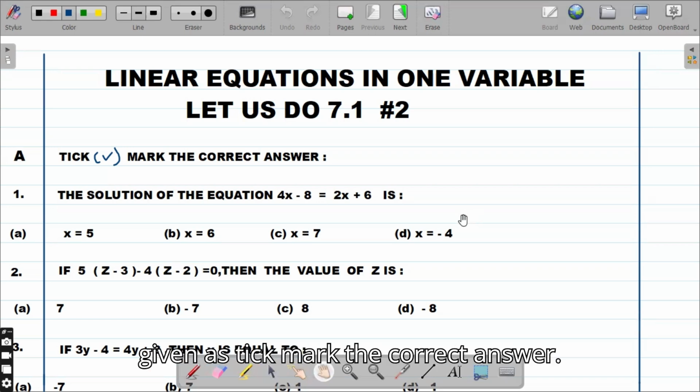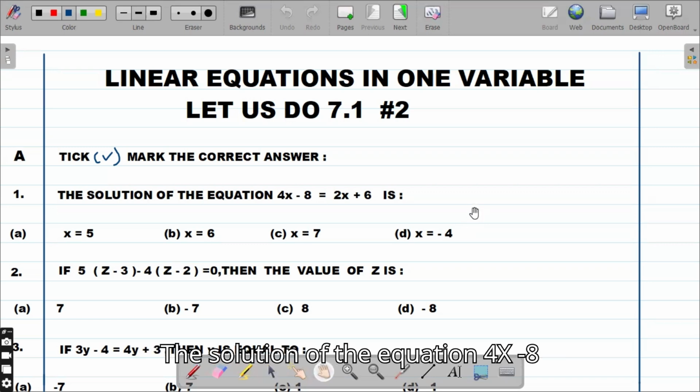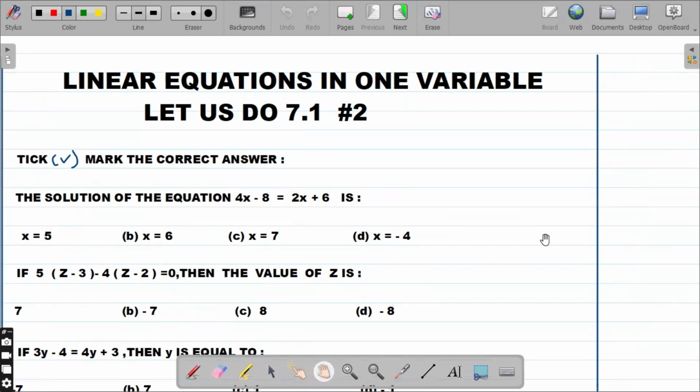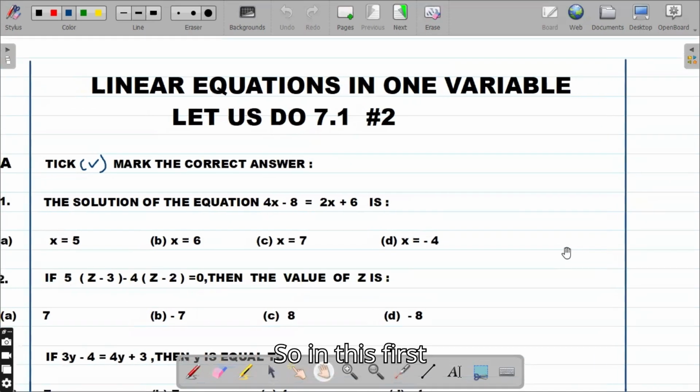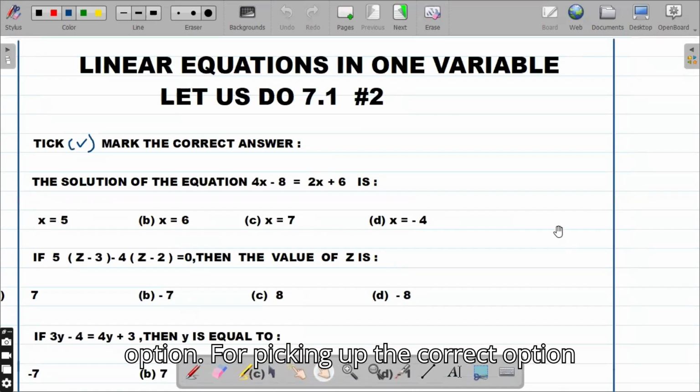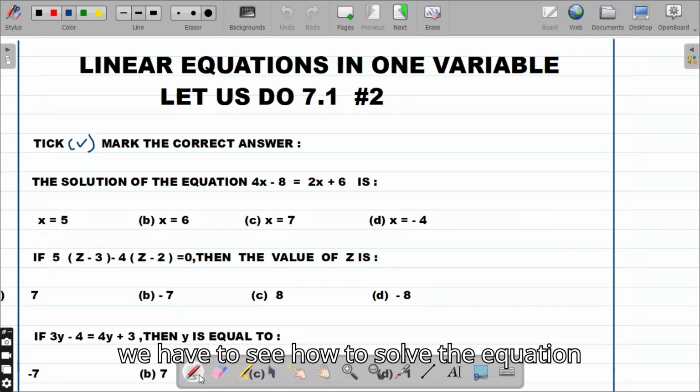First, A part is given as tick mark the correct answer. The solution of the equation 4x minus 8 equal to 2x plus 6. So how to solve it? In this first question, we have to pick the correct option. For picking up the correct option, we have to see how to solve the equation first.